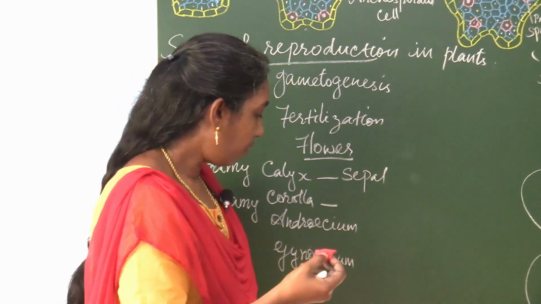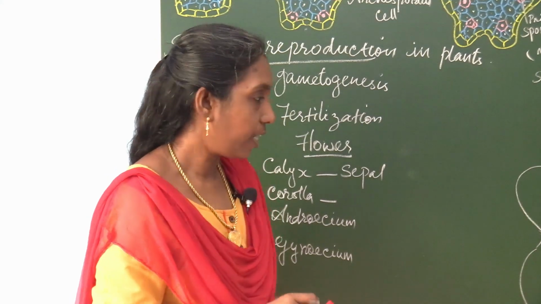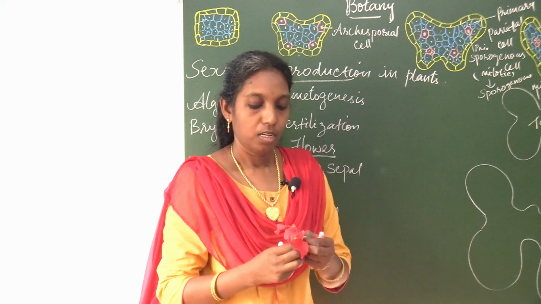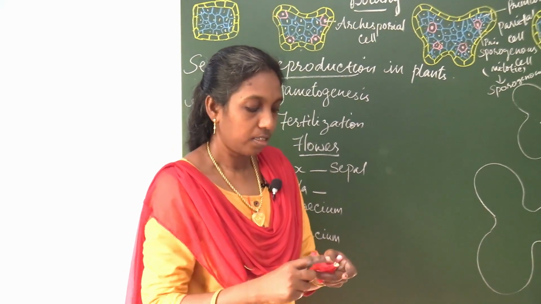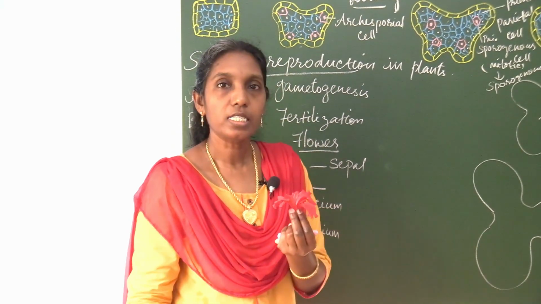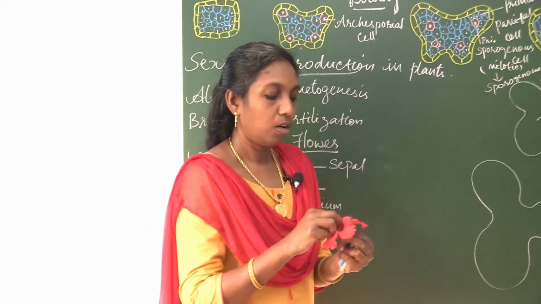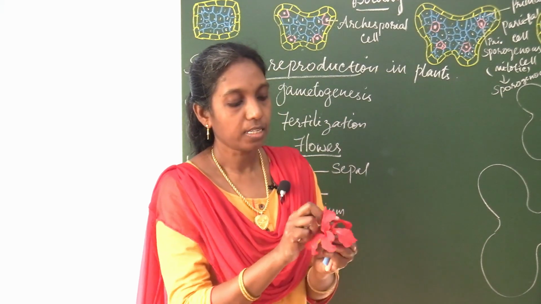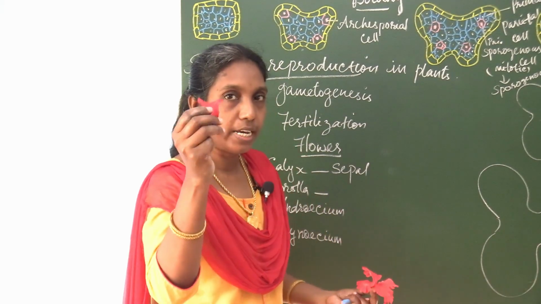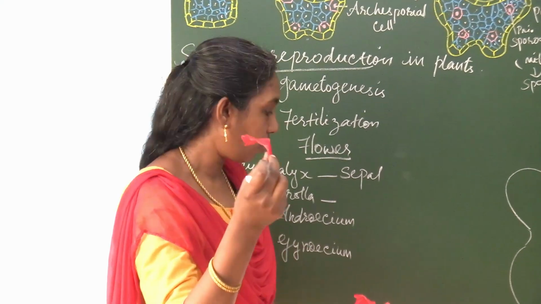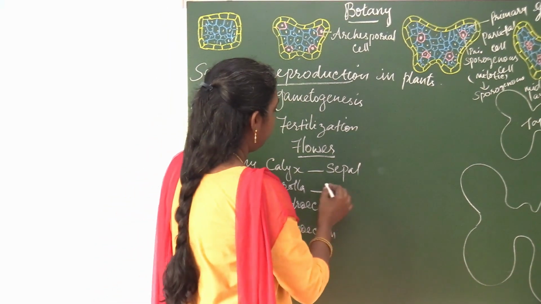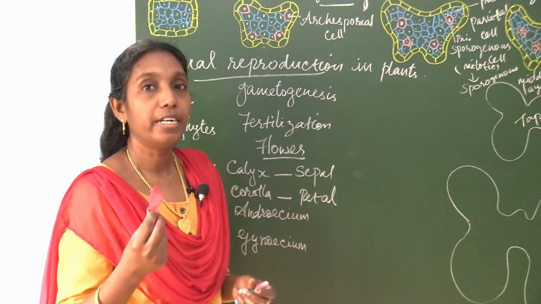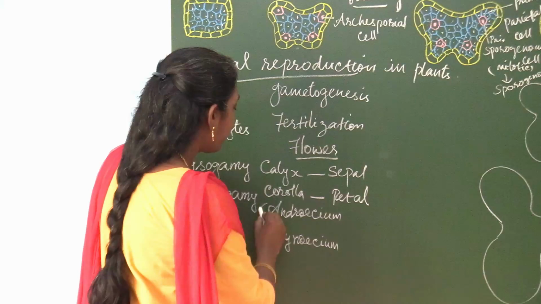Each segment of the second whorl, the corolla, which is made up of a number of segments, is called a petal. Then androecium and gynoecium.